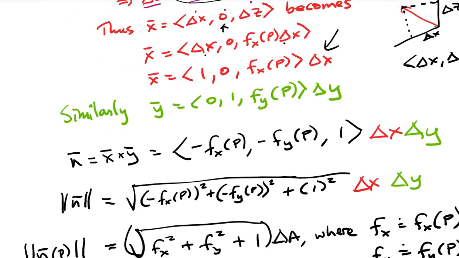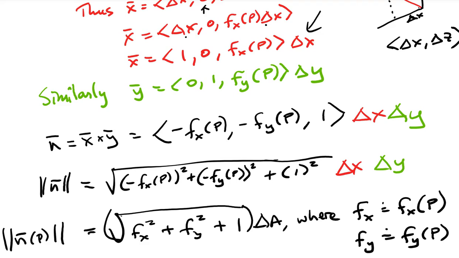And now the length of n will be each one of these squared. This one squared plus this one squared plus this one squared, which is what I get on the interior. When you take the cross product and you find the length of it, whatever constants you have on the outside just come for free. You don't need to do anything with those.